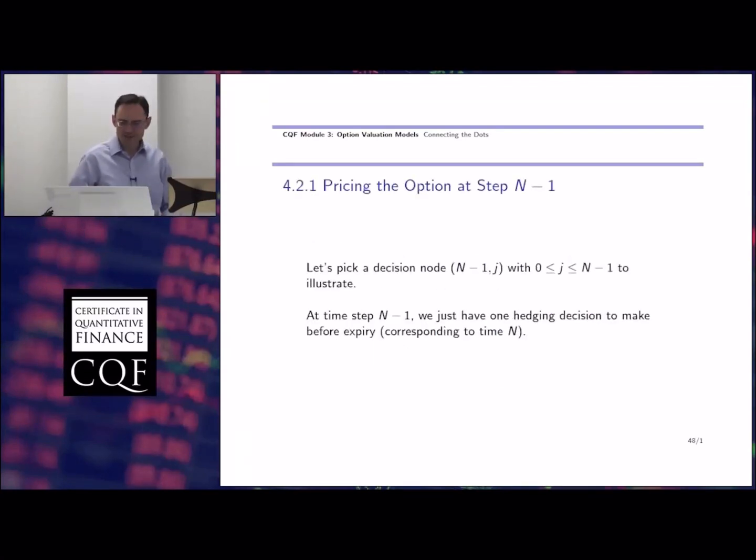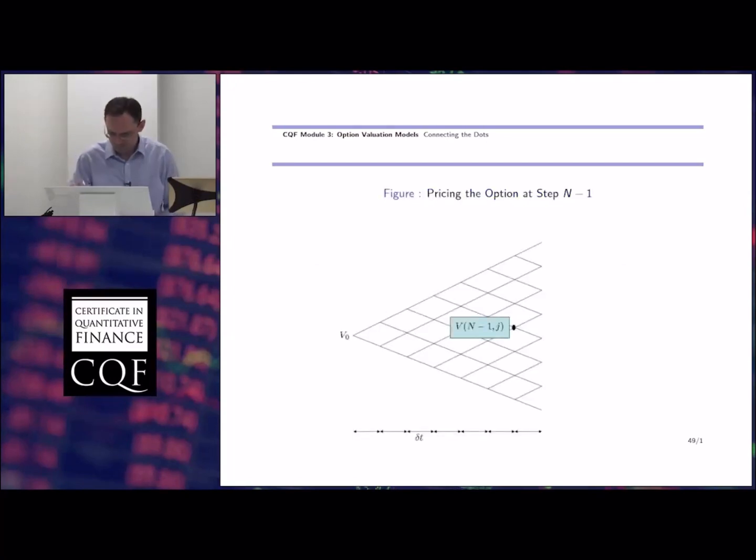To price the option at time step n minus 1, and for an arbitrary asset node j, we're just going to use our one-period binomial model.